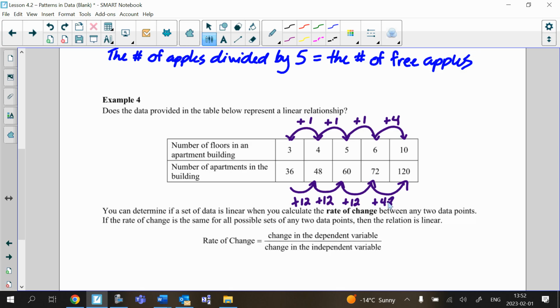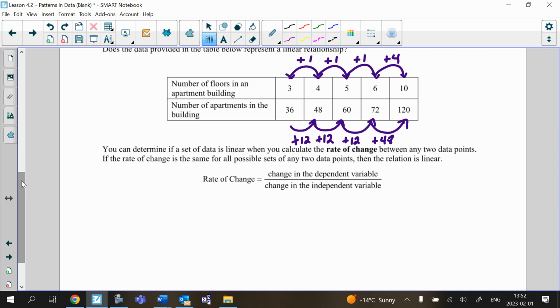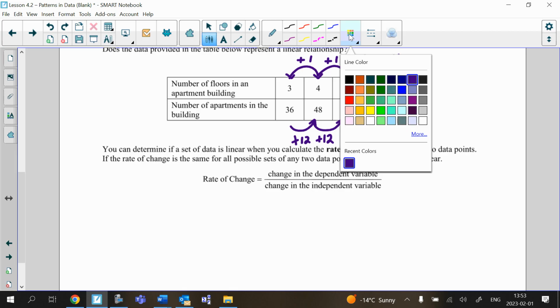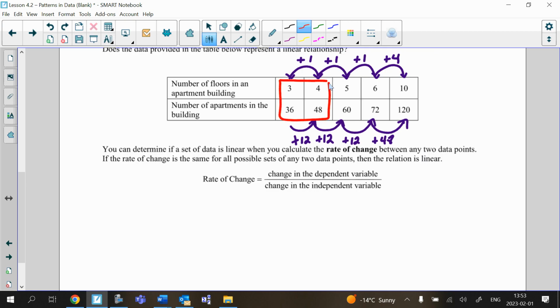So I'm going to use several different colors here. The rate of change of this pair is the difference in the dependent variables, so 48 minus 36, over the difference in the independent variable, 4 minus 3.